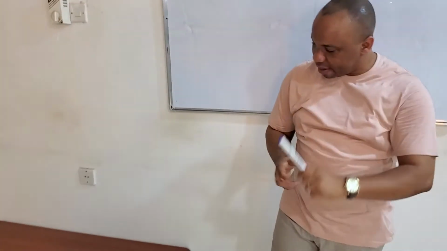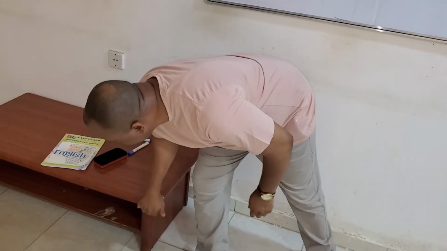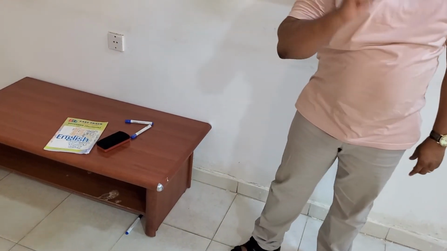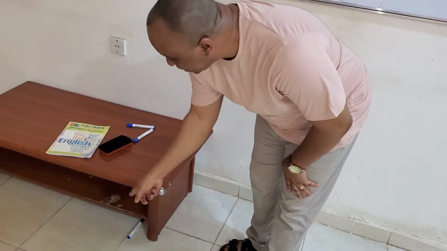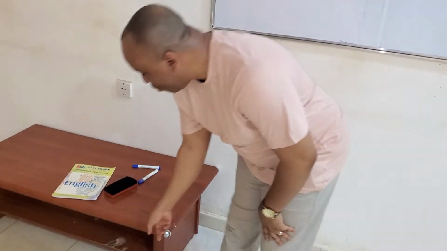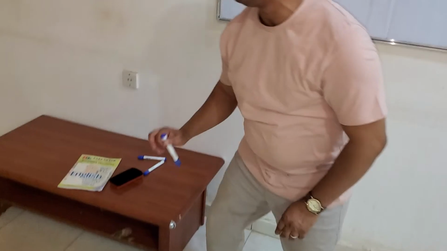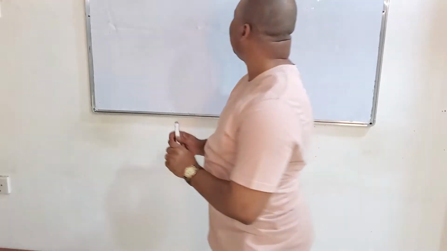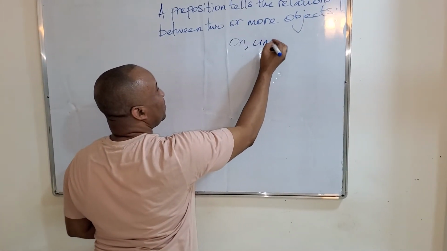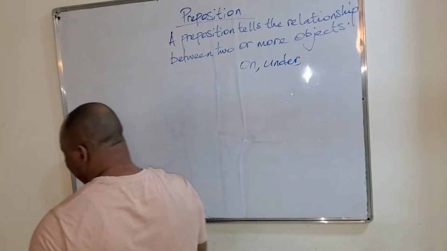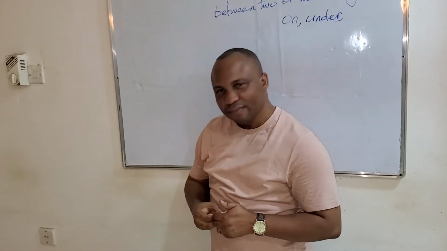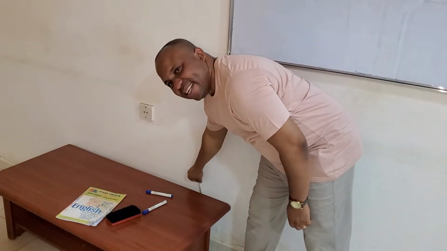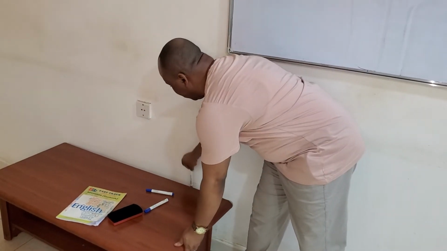Where is the marker? It is under the table. The marker is under the table. So the word under tells the relationship between the marker and the table. Where is the marker? It is behind the table.